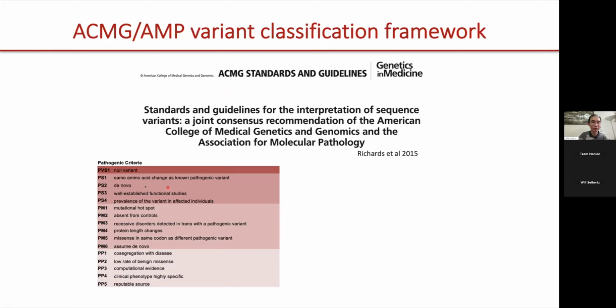For example, I'll be talking about this code PS3, which is functional studies. If you're a genetic counselor or clinical geneticist, you'll be familiar with this. But if you're not, these are just random codes, I suppose.